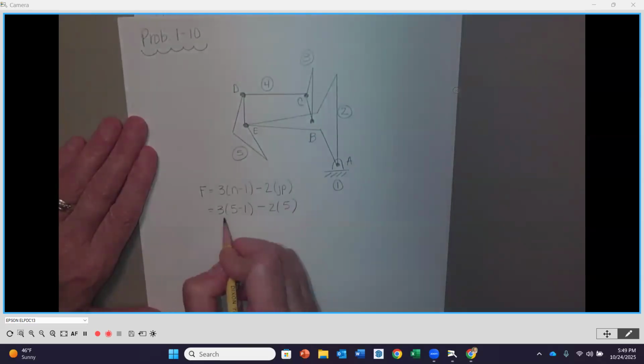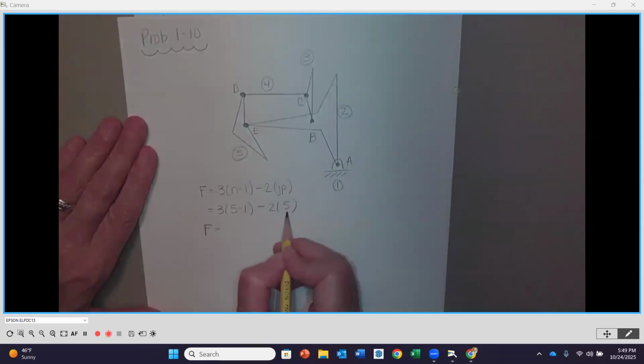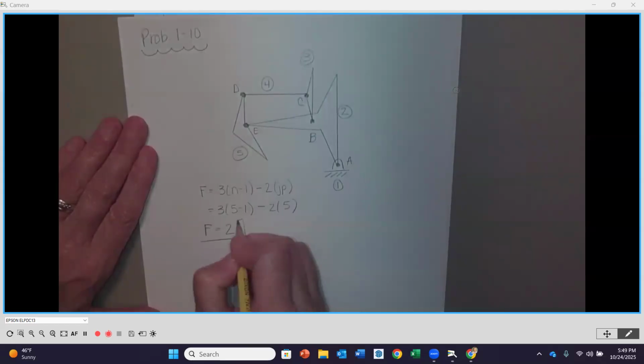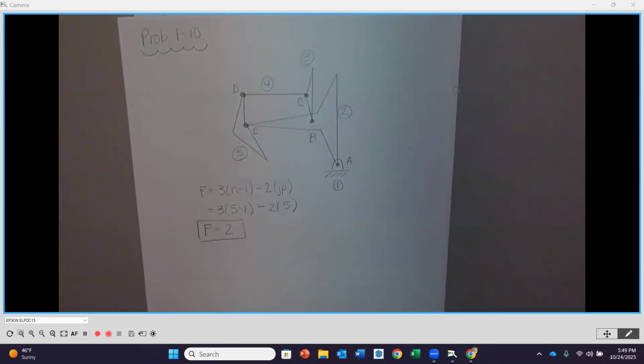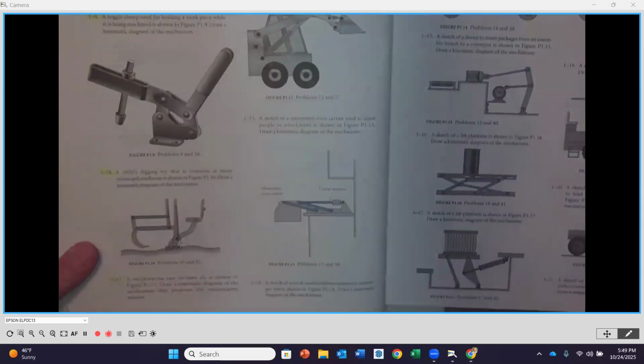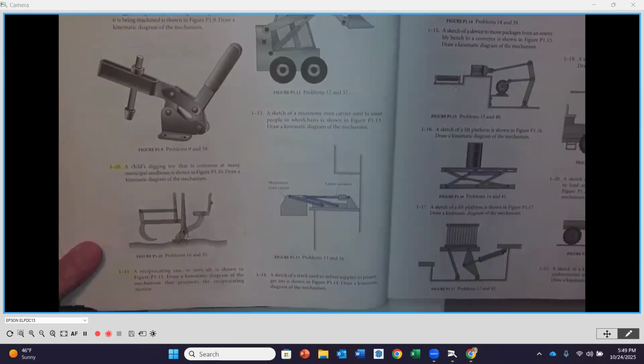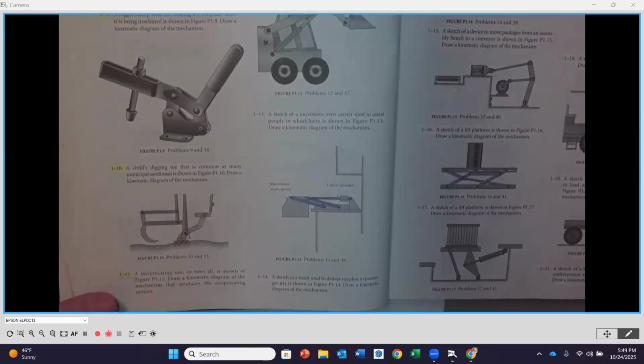So if I multiply this out, my F is going to be equal to 3 times 4, which is 12, minus 10. So this is going to be 2. Okay. And which goes along with what we're expecting, because we can see that there are 2 handles here. So there's 2 degrees of freedom in order to get this mechanism to do the scooping and such that we want it to do. Okay.